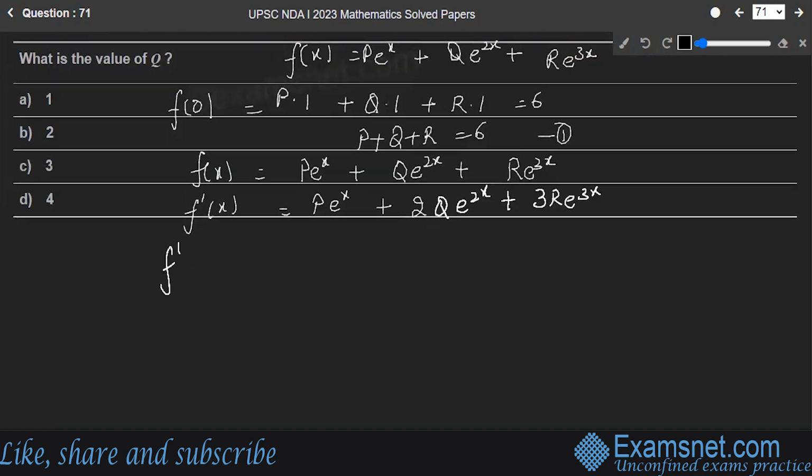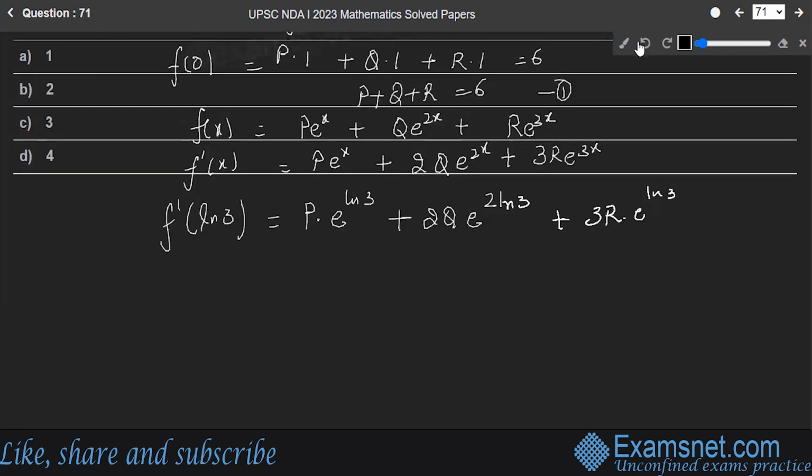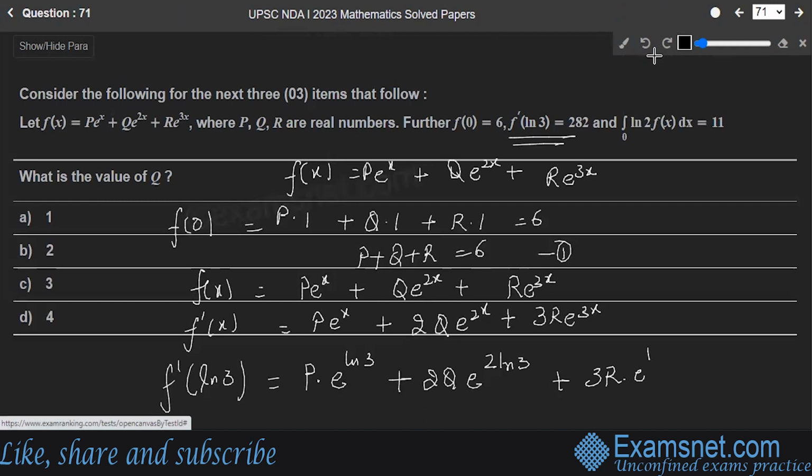Now, first derivative at natural log of 3 can be written as p into e raised to power natural log 3 plus 2 into q e raised to power 2 natural log 3 plus 3 into r into e raised to power 3 natural log of 3.